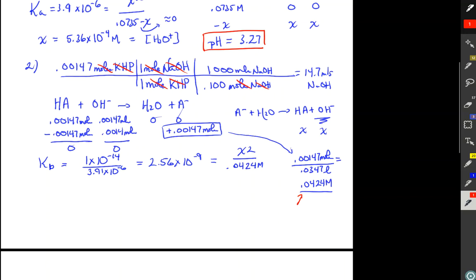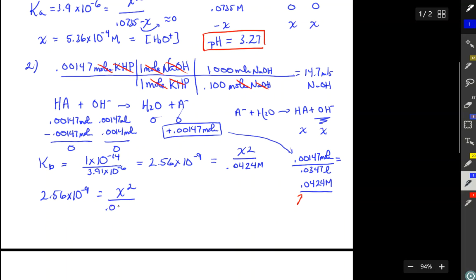We have Kb, which is 2.56 times 10 to the negative 9, equals x squared over this molarity we got, 0.0424 M. No, it's minus x, but the x is going to be small.